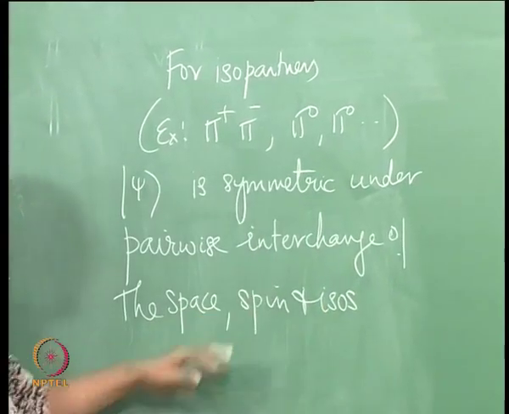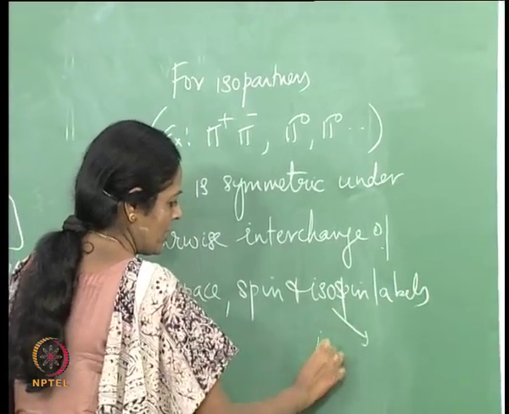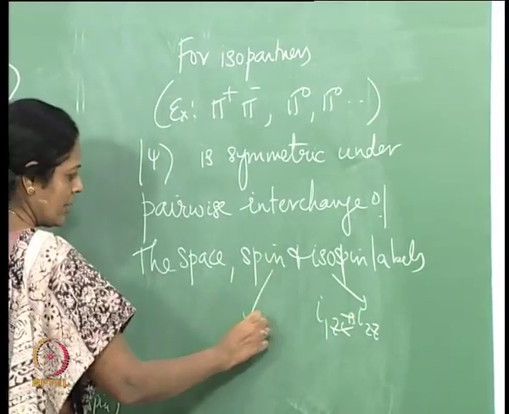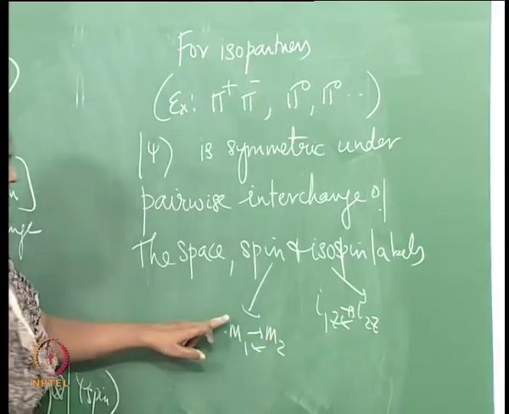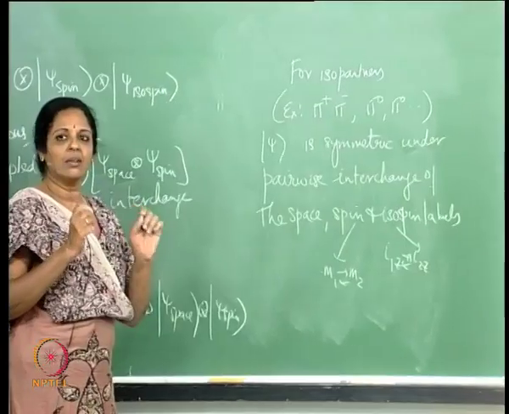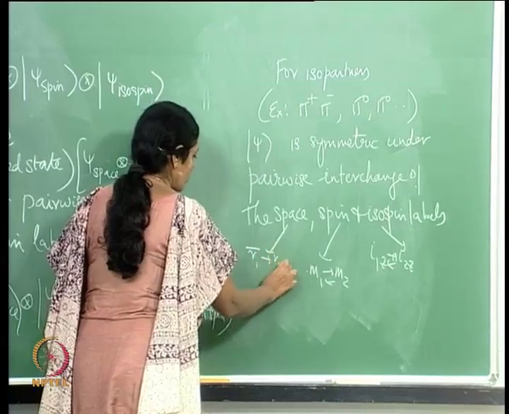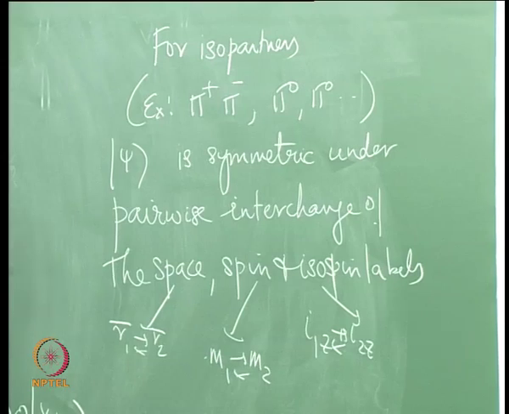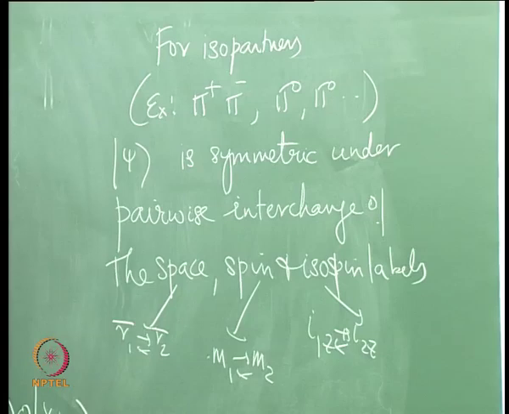That means I1z and I2z. By this we mean I1z going to I2z and I2z going to I1z. By interchange of the spin labels we mean M1 going to M2 and M2 going to M1, where by M1 and M2 I mean the third component values of spin. And space would mean R1 going to R2 and R2 going to R1, where R1 and R2 are the coordinates of the two particles. The net wave function, the net state, is symmetric under pairwise interchange of all these labels, not one at a time, all of them.